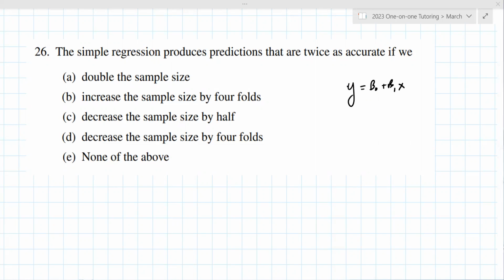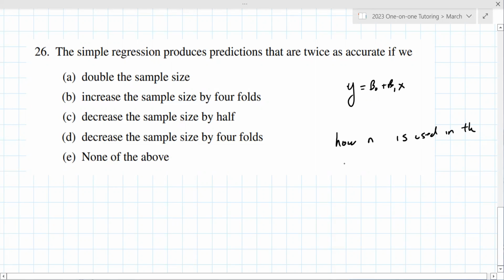Requires that. So the answer comes down to how n is used in the formula. And by now you've probably figured out that it's never n alone. I believe it's usually like the square root of n in almost all of these.